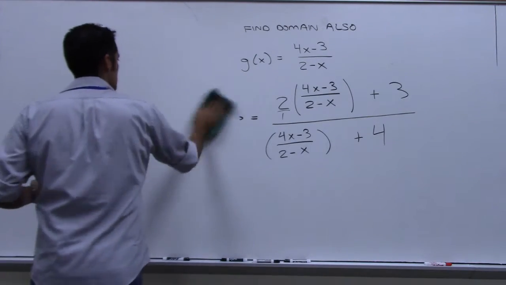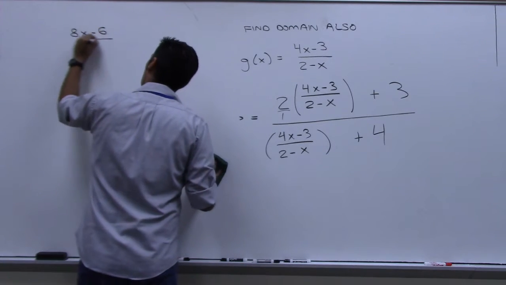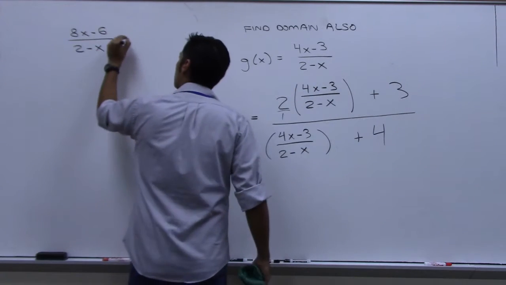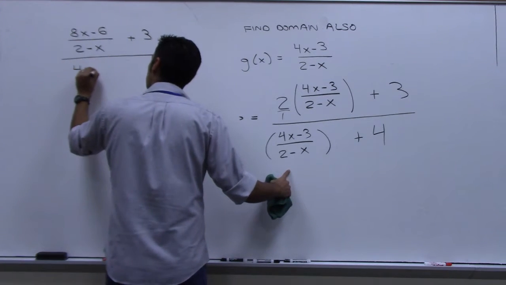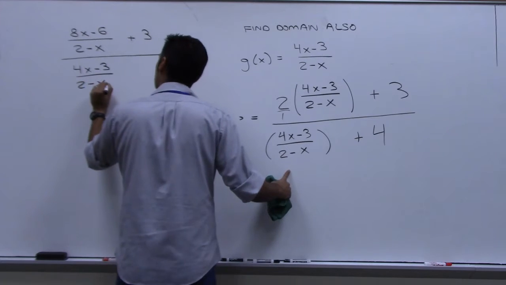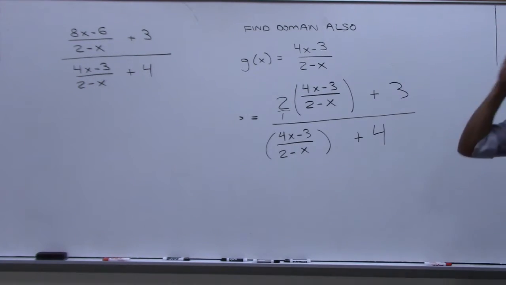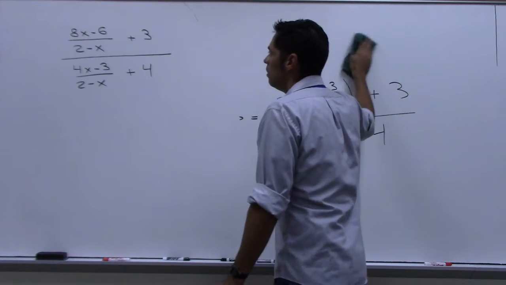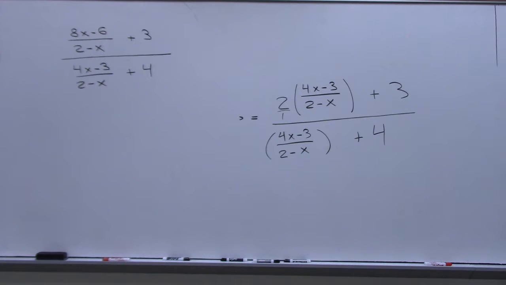So I'm now looking at 8x minus 6, the 2 through the numerator only, then plus 3, and then over 4x minus 3 over 2 minus x plus 4. What should I do now? If you have complex fractions, get common denominators.